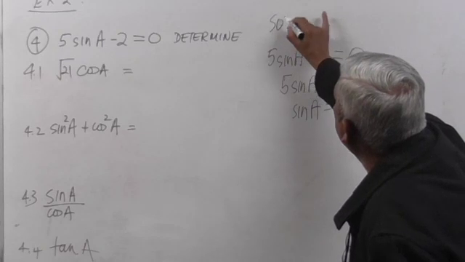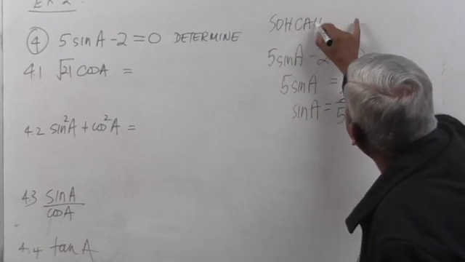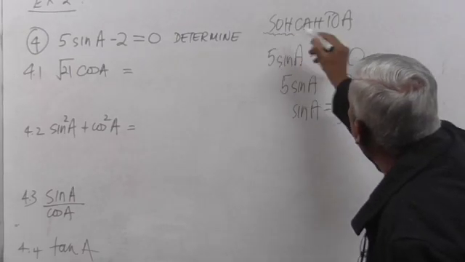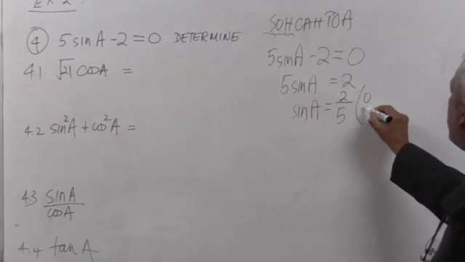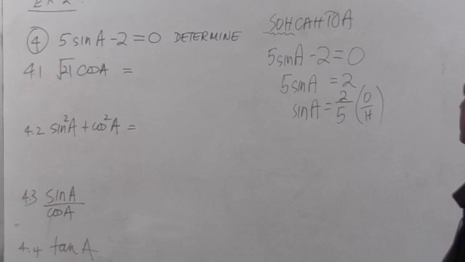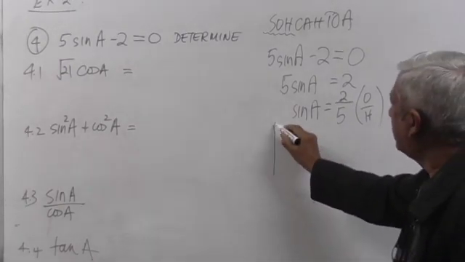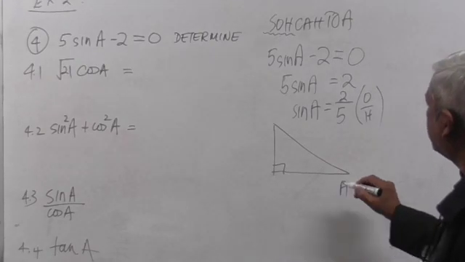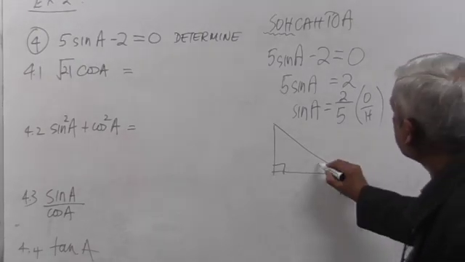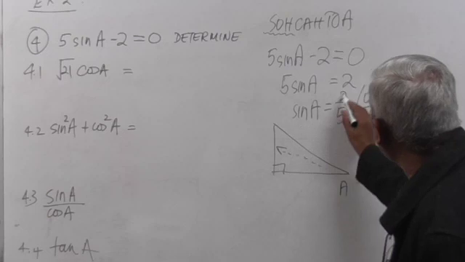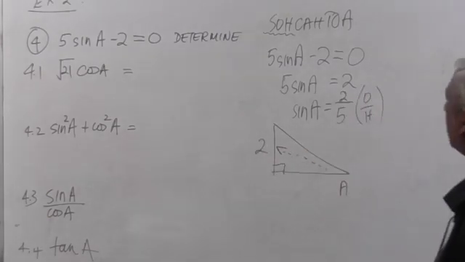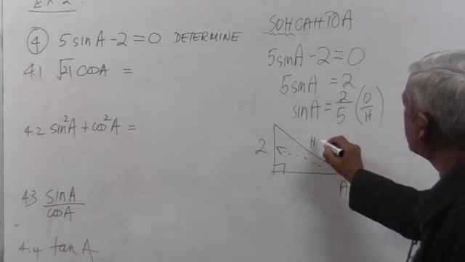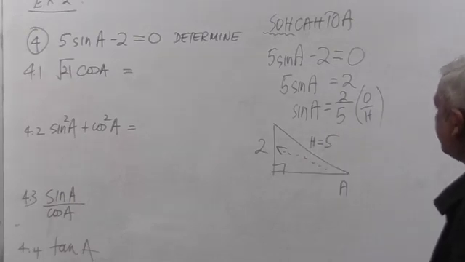So you recall SOH CAH TOA. So you're looking at sine. This is opposite over hypotenuse. So you can draw the diagram. Put angle A here. That's the opposite side. Opposite is 2. And 5 is hypotenuse.